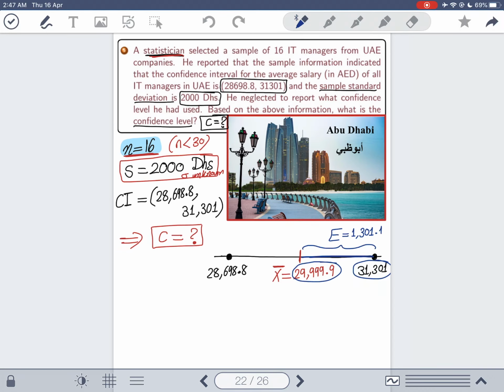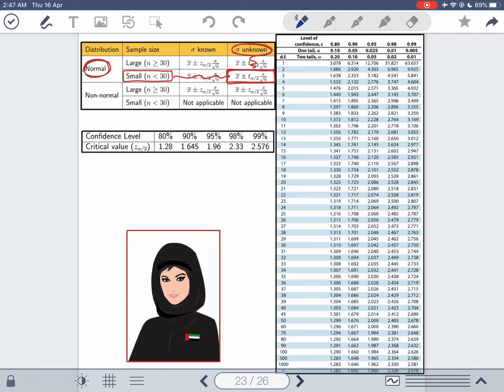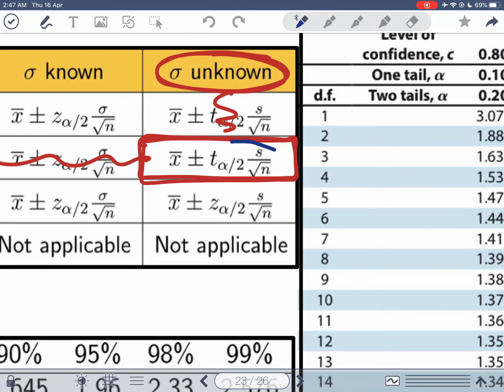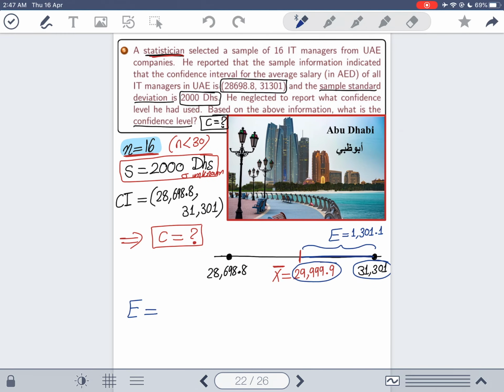Okay, so now what do we have? We found the margin of error, we found the sample mean, and so now from the margin of error, you can say the margin of error is what? Remember, we have this formula, so we're using the t distribution here, so it's t sub alpha over 2, t sub c, times s over radical n.